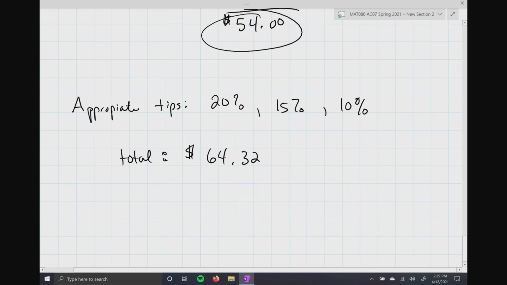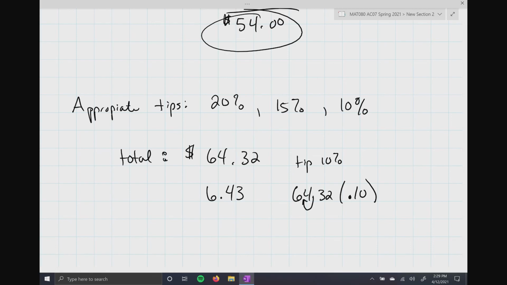All right? Now, if you wanted to tip 10%, just watch. If you tip 10%, what you're really saying is you're taking $64.32, multiplying it by 0.10, so you move the decimal place one place to the left. So your tip should be $6.43. That's a 10% tip.